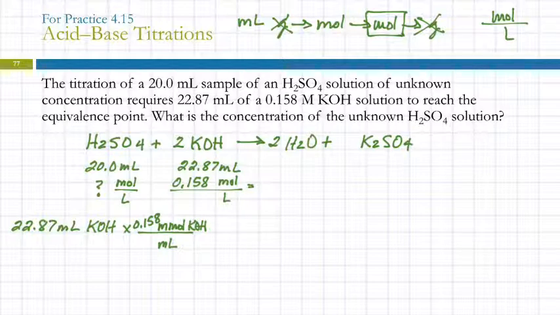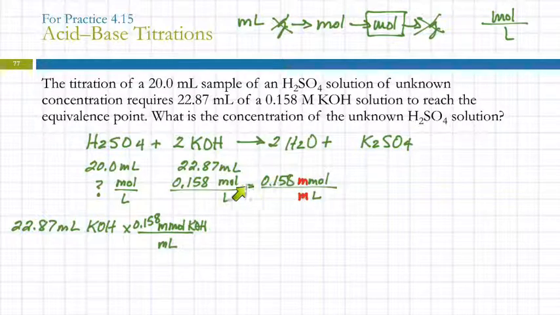So this is the same as 0.158 millimoles divided by milliliters. Do you see how those would cancel out? Metric prefixes can be canceled like variables in algebra.